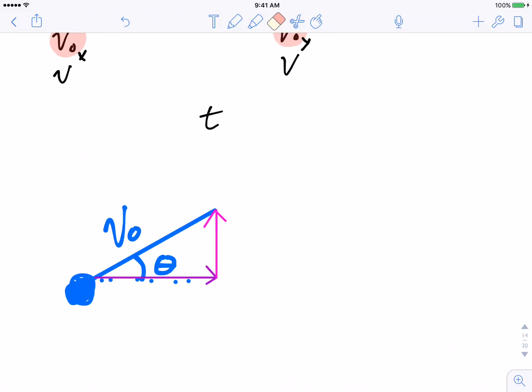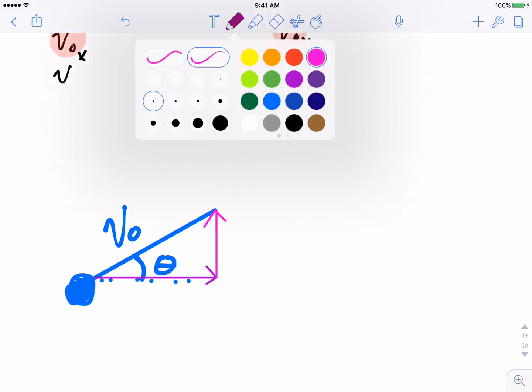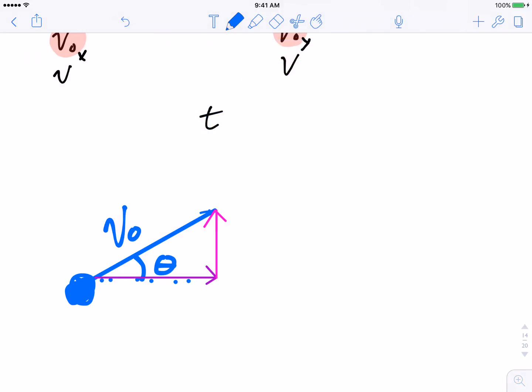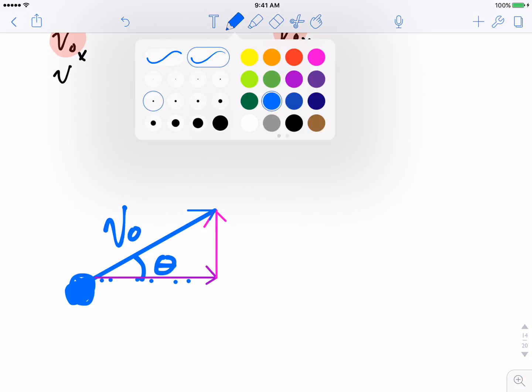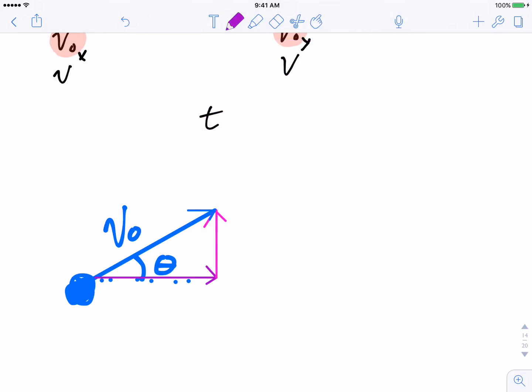And I'm going to clean this up a little bit because I don't like bad vectors. All right, so if we were going to do this with trigonometry, we would say, all right, this here is V0x, and this is V0y.